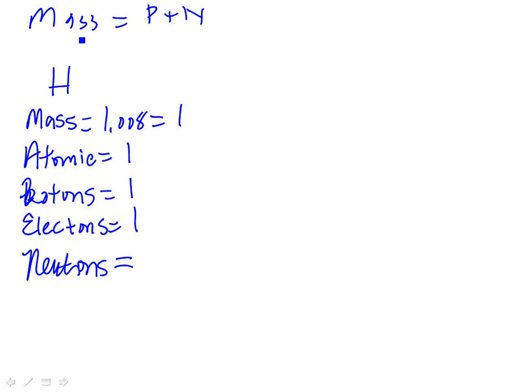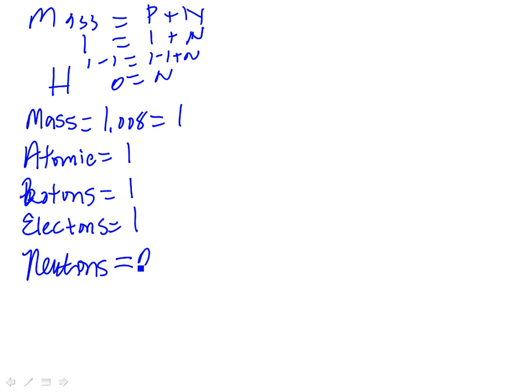If we know that the mass is 1, number of protons is 1, and we don't know the number of neutrons, we would subtract 1 from both sides, and that's going to give us 1 minus 1 is equal to 1 minus 1 plus n. And that's going to give us n is equal to 0. The number of neutrons is 0.